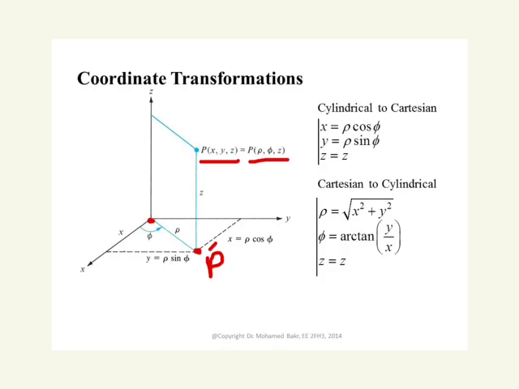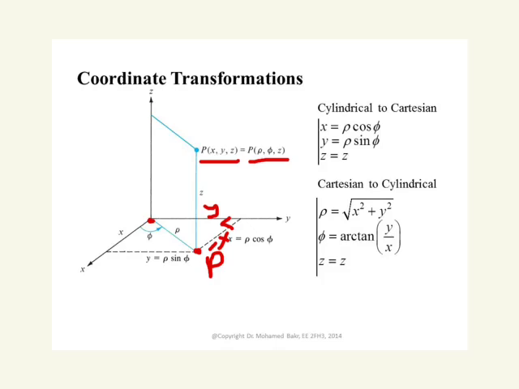How do we do the other way around? Very simple. If I know x and y, remember that this angle here is 90 degrees. Then rho, in this triangle, has this side y and this side x. So this is a right angle triangle, and rho is the square root of x squared plus y squared.